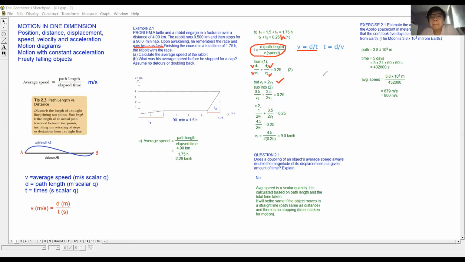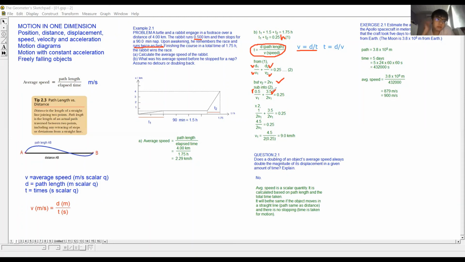Then the first part of the journey is 0.5 kilometer. So naturally, the final part of the journey is 3.5, because we know the total is 4. If the first one is 0.5, the final one must be 3.5.